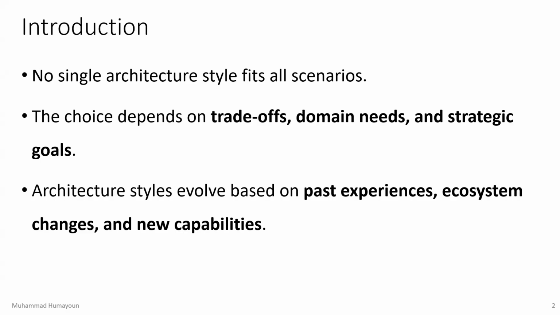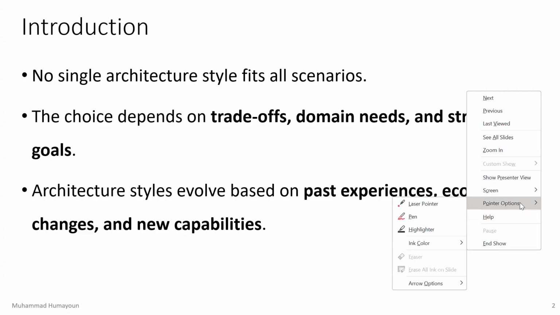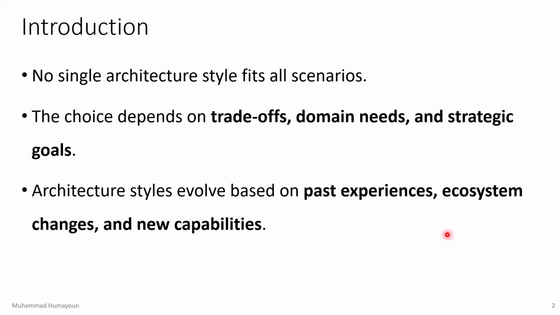Architectural styles have actually evolved over time. We learned about some architectural styles that are really old, and we learned about an architectural style like microservices, which is pretty new. It is not really new, as it has been around for more or less 10 years now, but still it is relatively new.